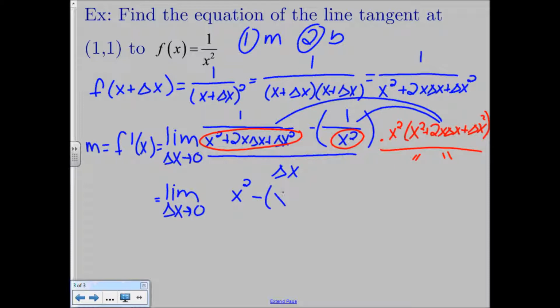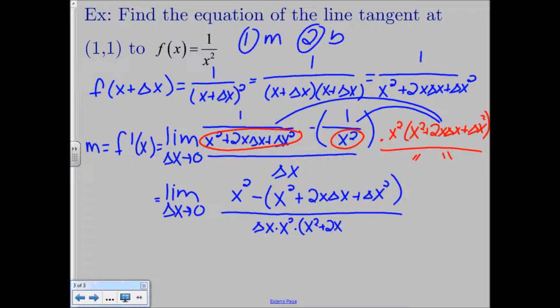We're left with parentheses x squared plus 2x delta x plus delta x squared all over delta x times x squared times x squared plus 2x delta x plus delta x squared, all in the denominator.